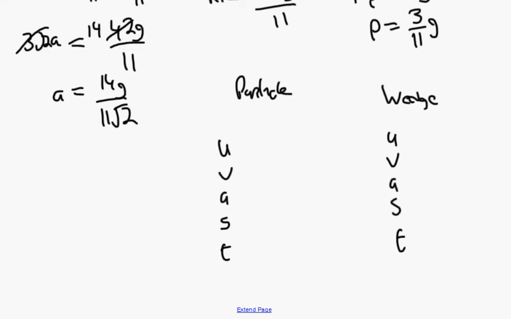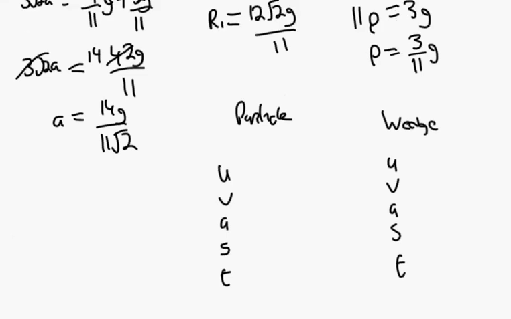You can still cover 10 meters along the carriage in the same way you would if the train was completely stationary. The train's movement has no effect on how you travel on the object itself. In the same way, a is going to be taken alone in isolation here, okay? So the s value, guys, what's the s value? It's going to be 1. The a value is this on its own, which is 14g over 11 root 2.